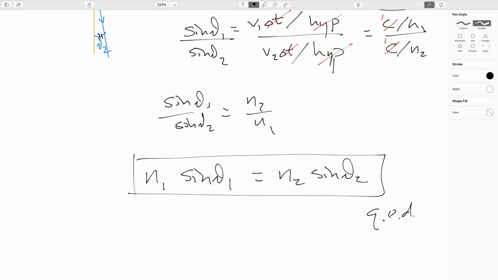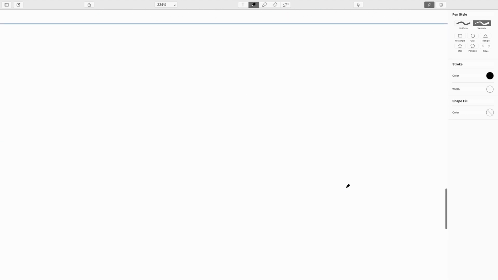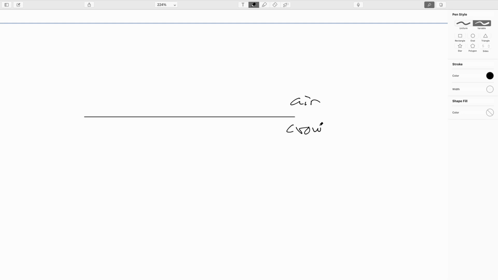All right. So let's just do a couple quick examples of this. For instance, let's consider a ray of light in air that is impinging on crown glass.